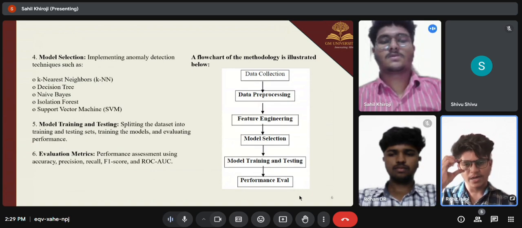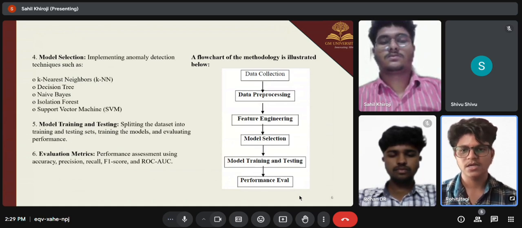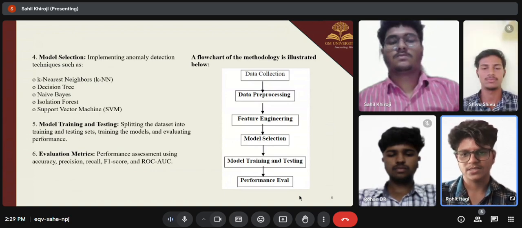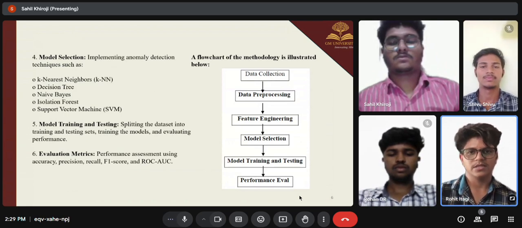Then model training and testing: splitting the data set into training and testing sets, training the model and evaluating its performance. And evaluation metrics: performance assessment using accuracy, precision, recall, F1 score, and ROC AUC. This includes the evaluation of this model.